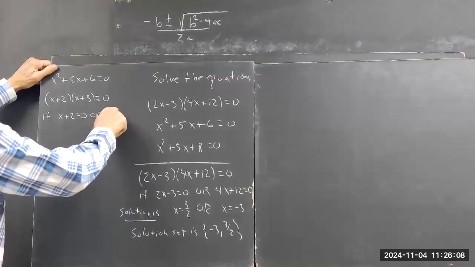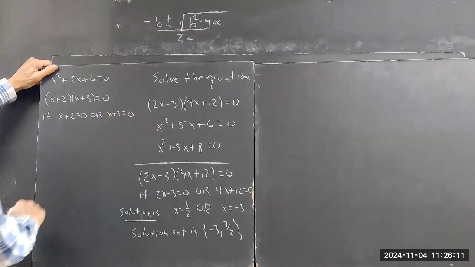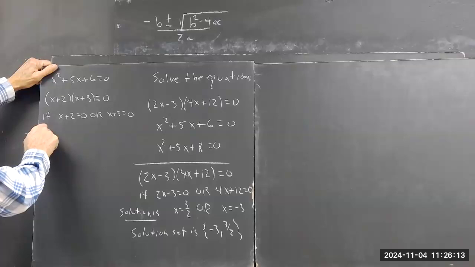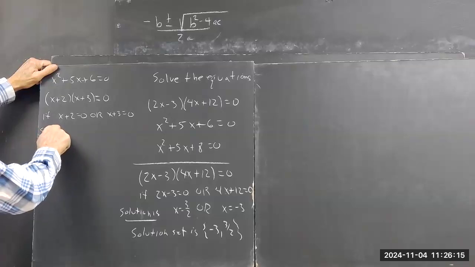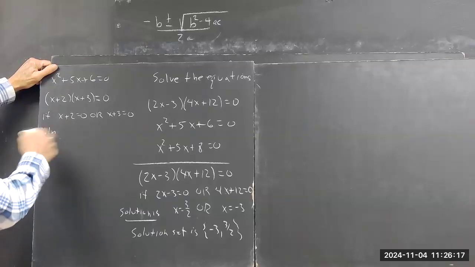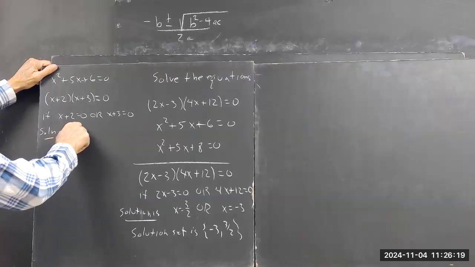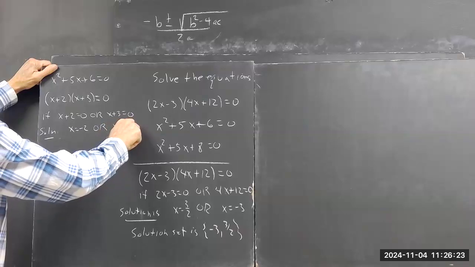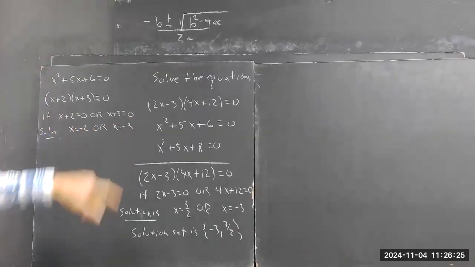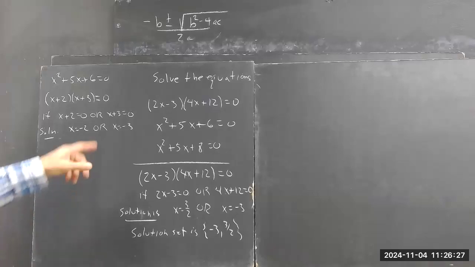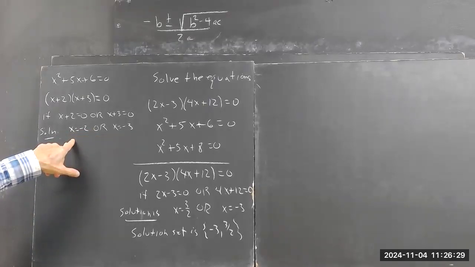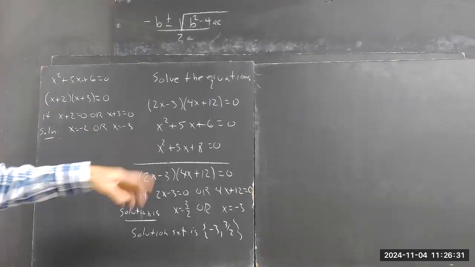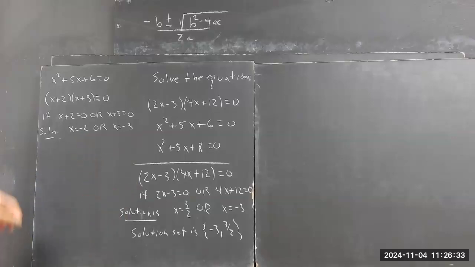Including the or. That's SOLN, short for solution. It's this or this, because it can't be this if it's this. It can't be this if it's this. Simple or, okay?